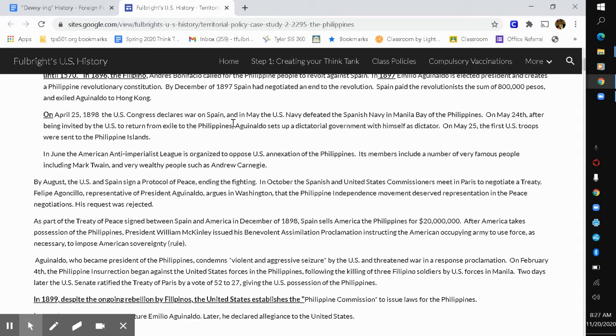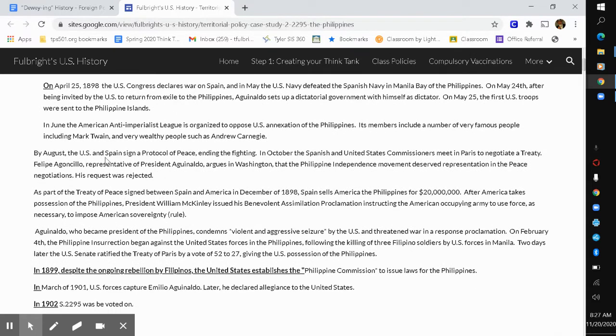We help Aguinaldo get back to the Philippines, and he sets himself up in charge. A group in America called the American Anti-Imperialist League was opposed to the United States playing this role, especially when it started to look like the Americans had interest in taking over the Philippines.